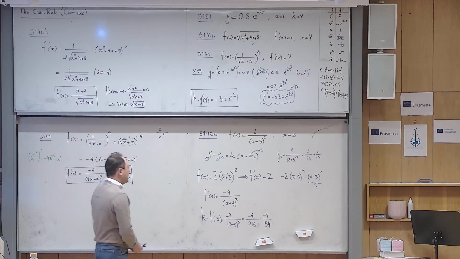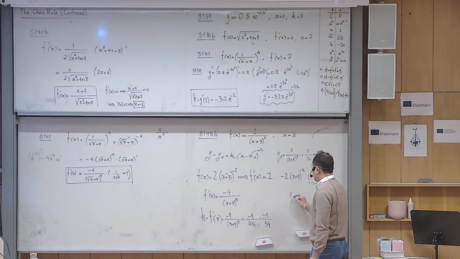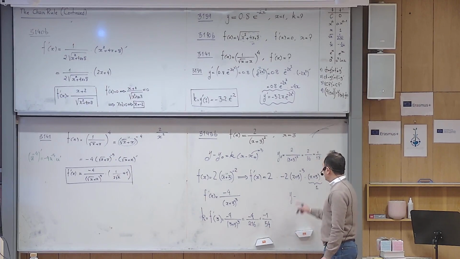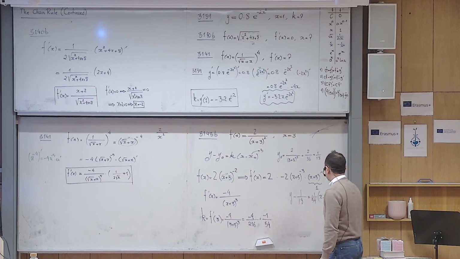Now everything is ready, put them there, yes? So this becomes y. This is important to write: y minus y naught, so it is y minus 1 over 18. The k value is minus 1 over 54. And then I have x minus x naught, which is x minus 3.